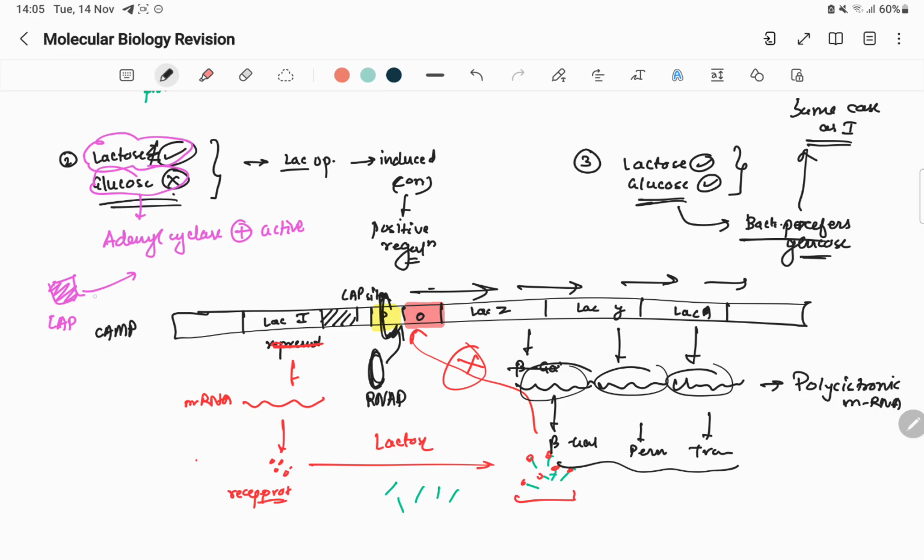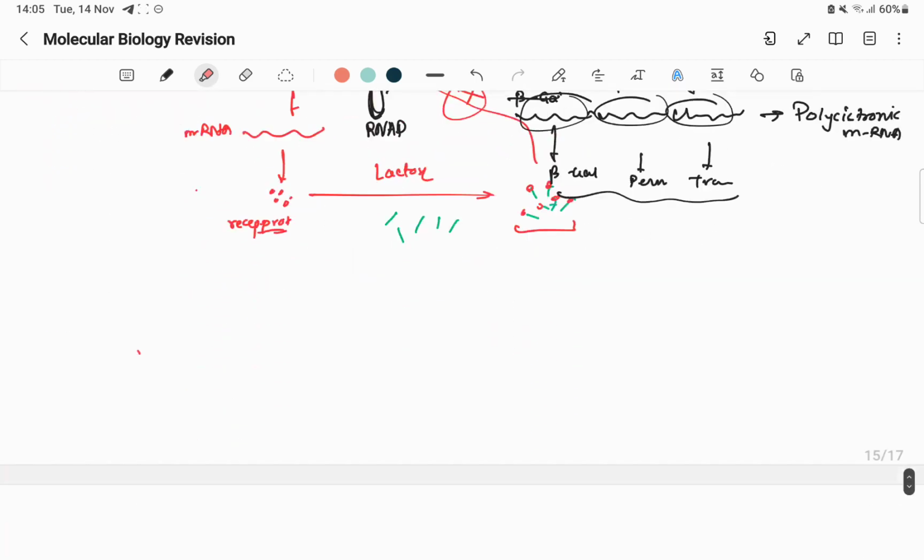So here we have the CAP and the cAMP, and this will bind to the CAP region in the absence of glucose. So this is called positive regulation.